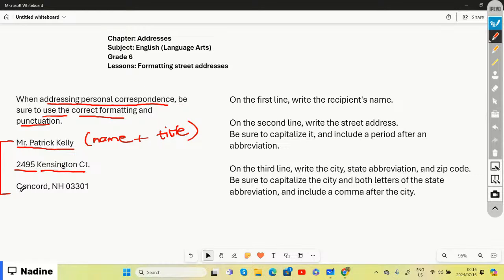And then you write down your city, and you write down your state, abbreviated. And then you also write down your zip code. And that is basically how we write our address correctly.